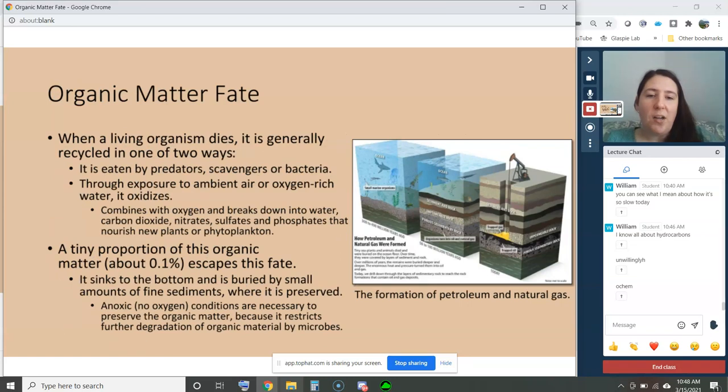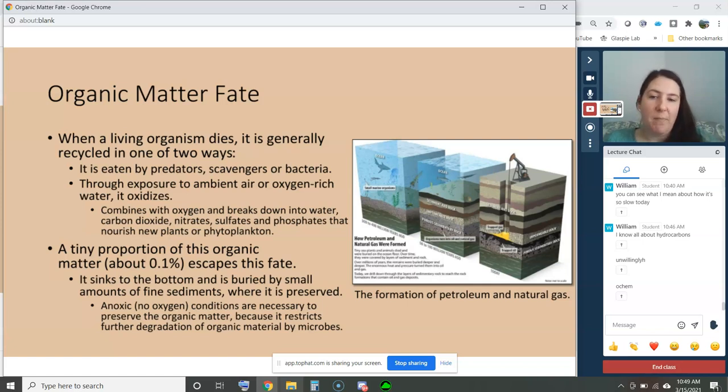All right, so this all starts with organic matter, with living things. This whole process of creating oil and gas comes about when a living organism dies. And typically, when an organism dies, it doesn't get incorporated into oil. What generally happens is it gets recycled in a couple of different ways.